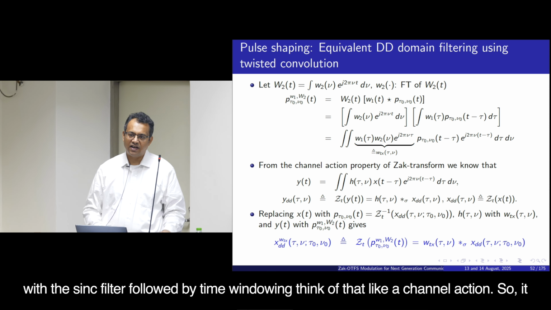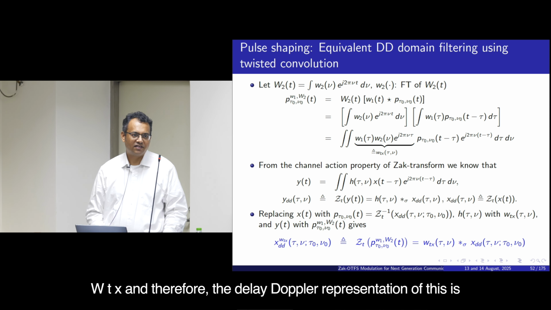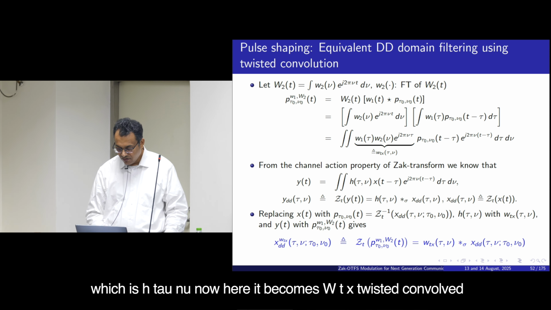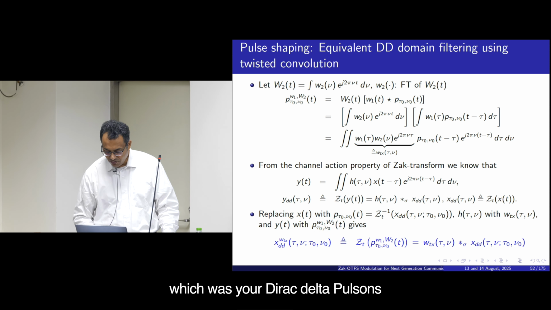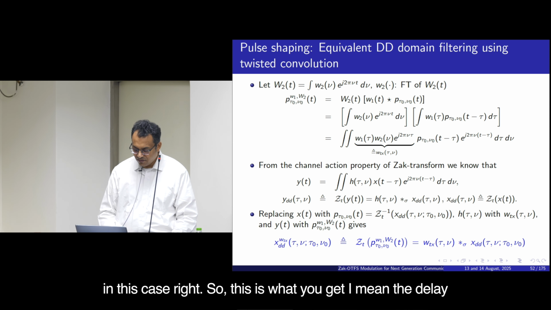Think of that like a channel action. So it is a channel whose delay Doppler spreading function is actually W_Tx, and therefore the delay Doppler representation of this is the delay Doppler spreading function of the channel action, which was h(tau, nu), now here it becomes W_Tx, twisted convolved with the delay Doppler representation of the input, which was your Dirac delta pulson in this case, right. So this is what you get.